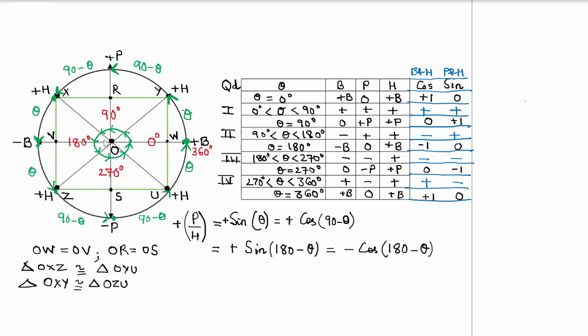right? So let me put it like this now. So can I say that now, instead of saying that this is cos of 180 minus h, which would be incorrect to say, but I can always say that these values are equal. And why is it incorrect to say that this is equal to cos of 180 minus h?